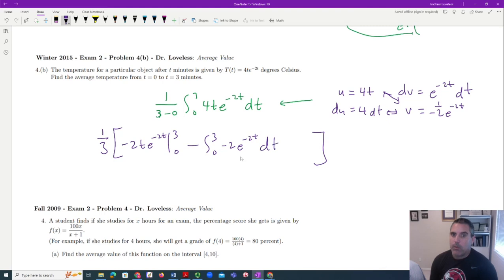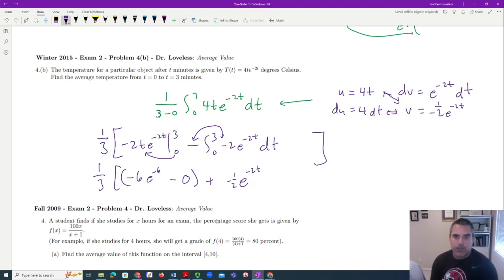And this is what integration by parts does well for us. So this is going to be 1/3. This is going to be negative 6 e to the negative 6 minus 0. And this one is 0 because of that. And it's going to be plus because of these two. But then when I go to integrate, it's going to be e to the negative 1/2.